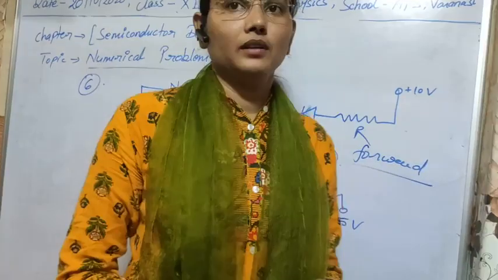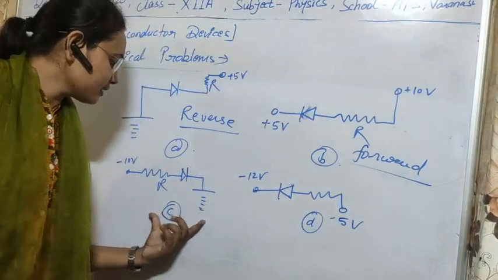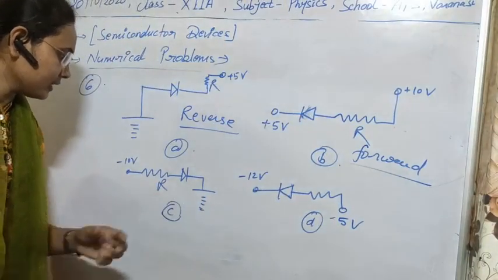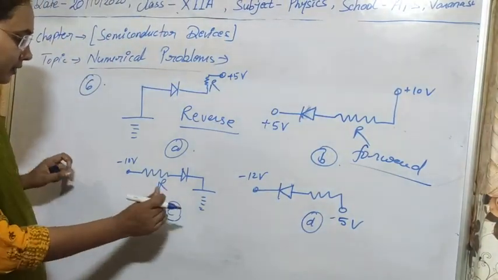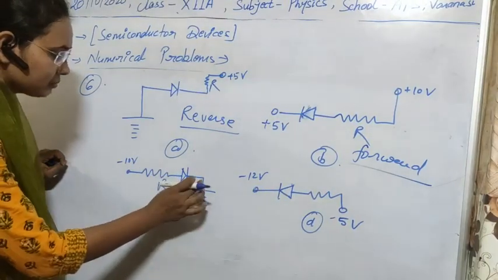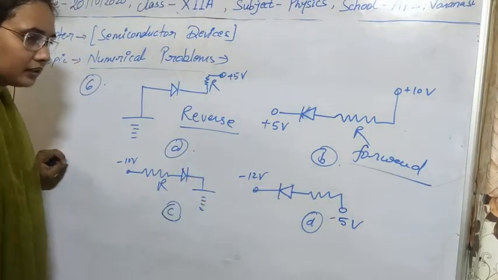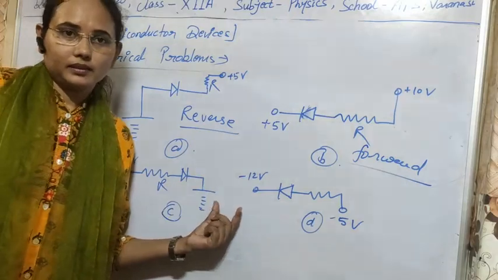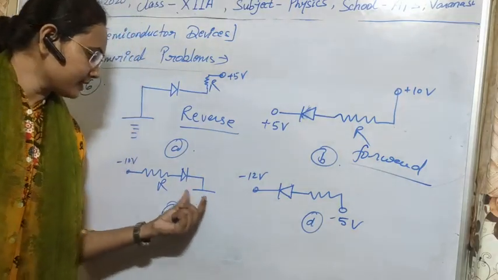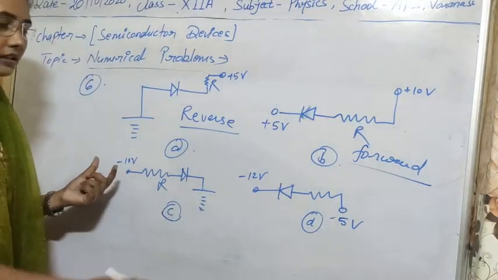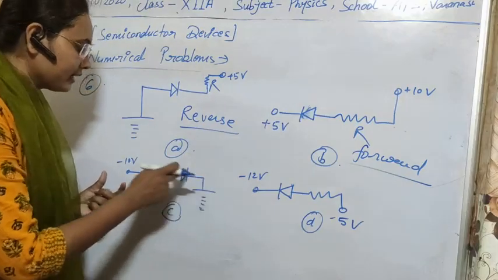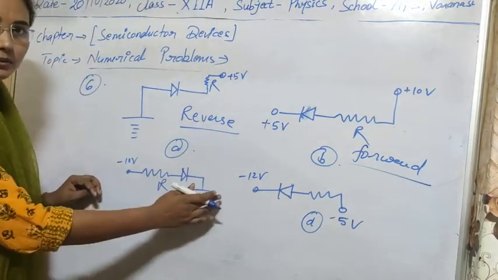Clear? So the third case, case C, in which P is connected to minus 10 volt and N is connected to earthing. Obviously, the P voltage is less than this point, meaning it is more negative, because here it will be 0.